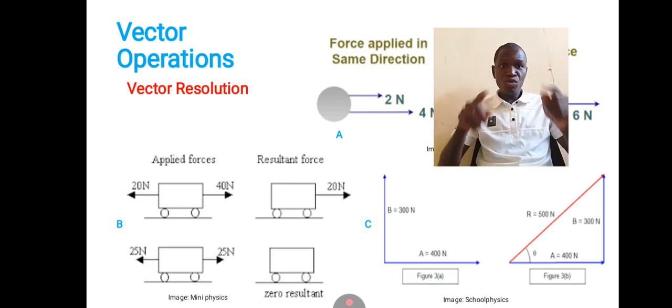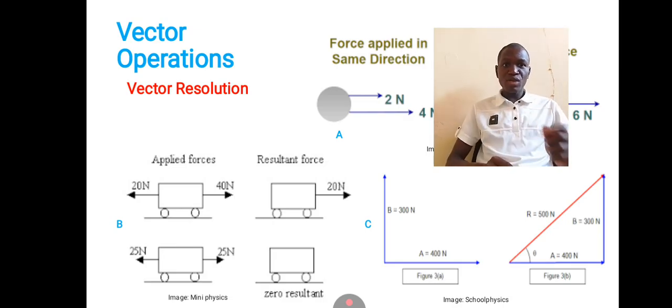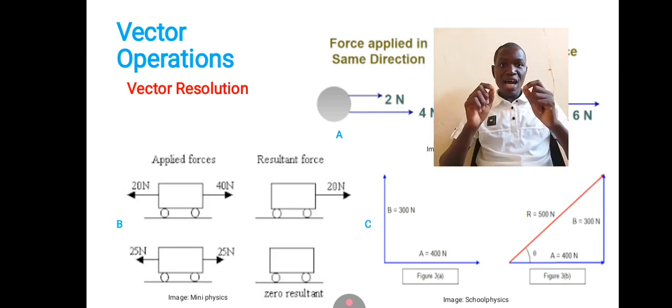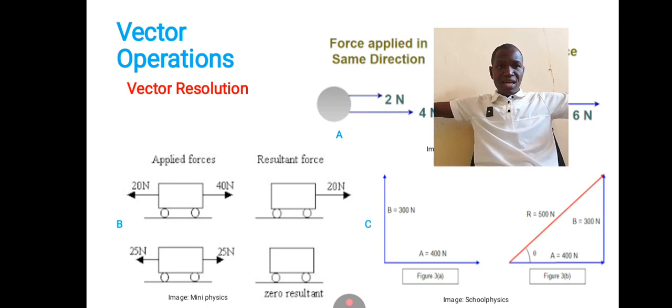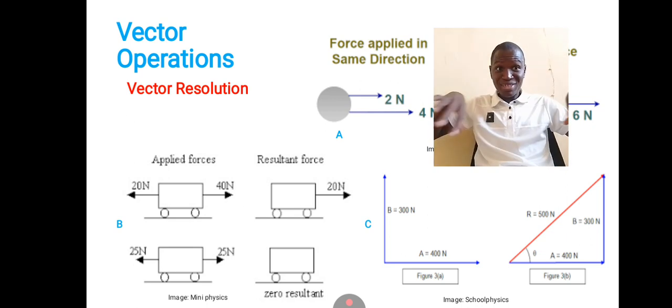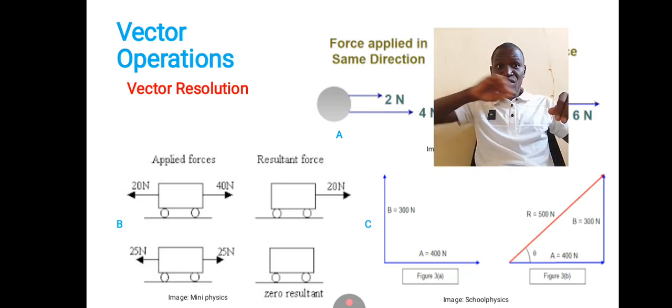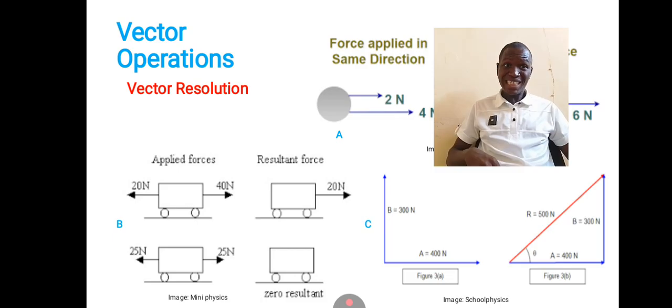Look at the arrows. Look at the arrows before you look at the second one. So we have a certain number of men pulling the car in opposite directions. Do you now see clearly that it's opposite? This arrow is going this way, 20 Newton. The other arrow is going this way, 40 Newton.